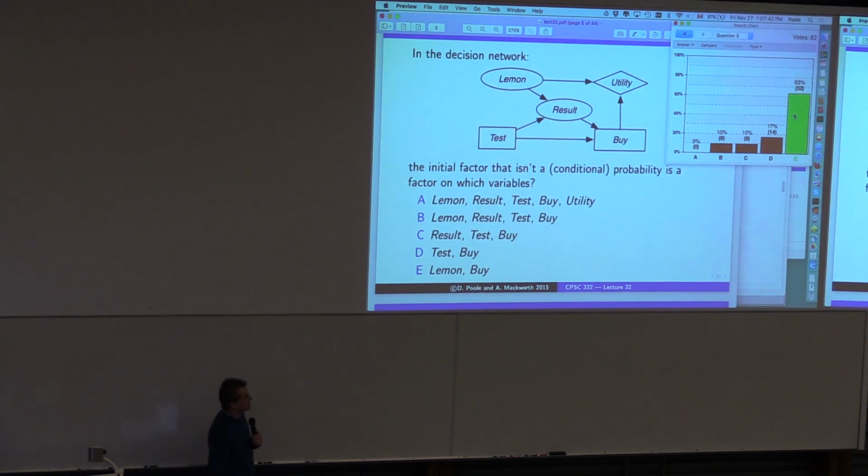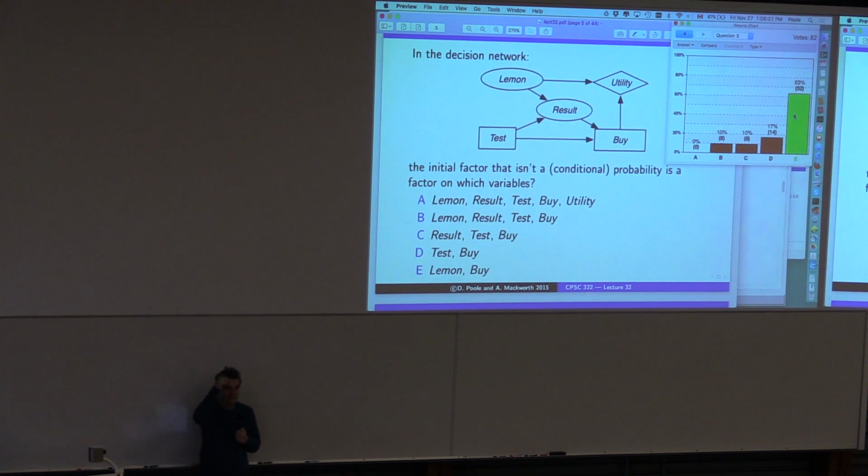It's the utility function. It's a function of lemon and buy. There's still a number of people who are getting this wrong. So D, it's not a function of test. There isn't a factor on test and buy. There is a function of the utility, and that's the remaining one.